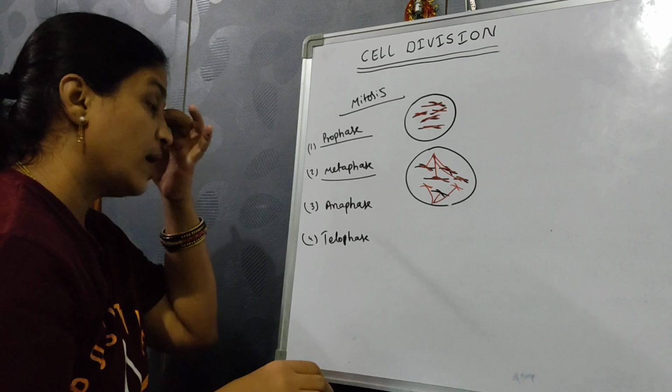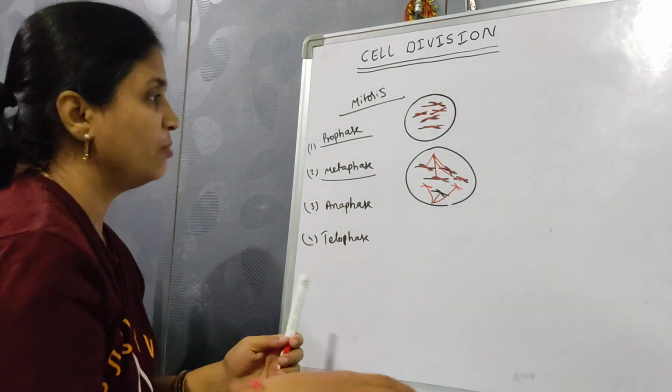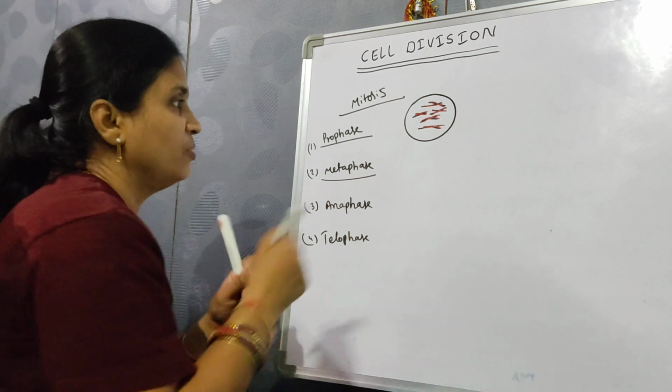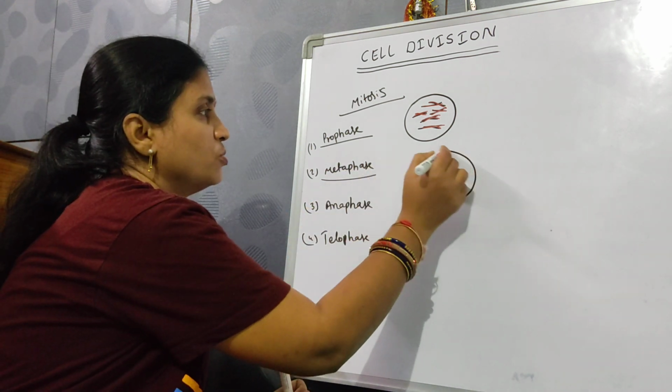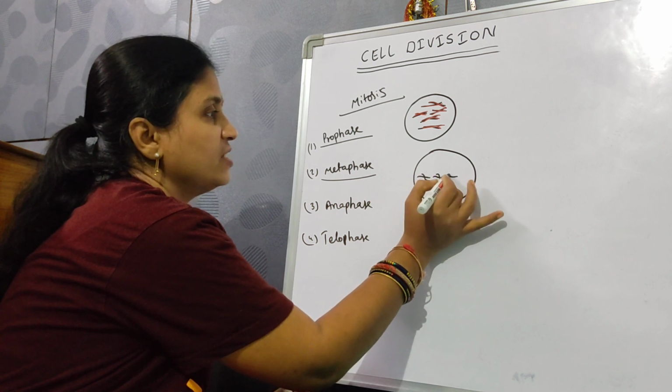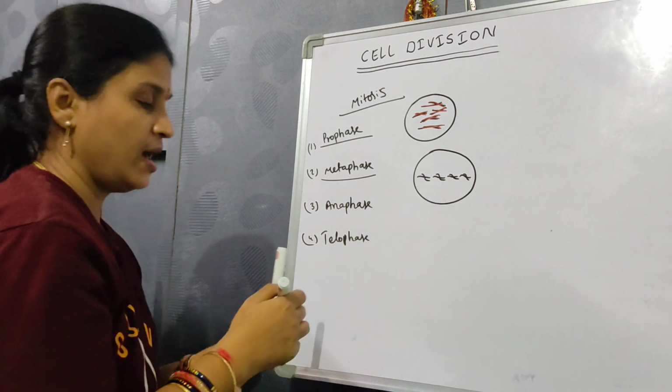Okay? So by the end of the metaphase, what happens? By the end of the metaphase, these chromosomes are going to align to the equatorial plate of the cell.